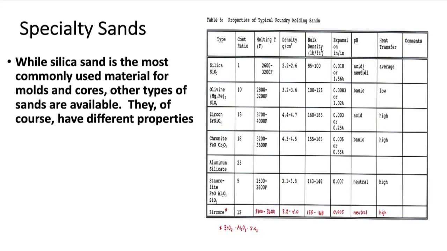So it's slightly acidic. Sands can be either acidic or basic. You put them in the water and they act either in an acid manner or in a basic manner, which is kind of weird, but it is the case.